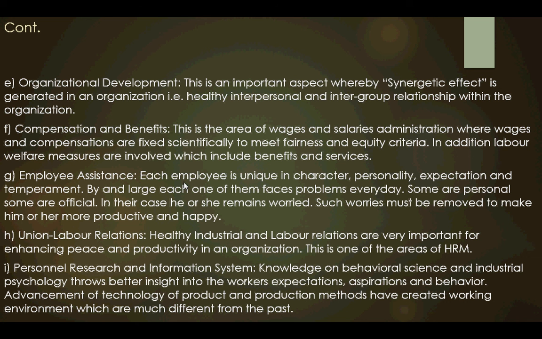Employee assistance. Each employee is unique in character, personality, expectations and temperament. By and large, each one of them faces so many problems every day in the working environment. Some are personal problems, some are official problems.